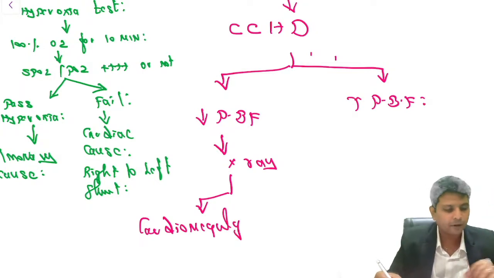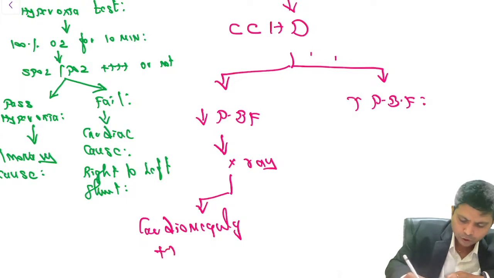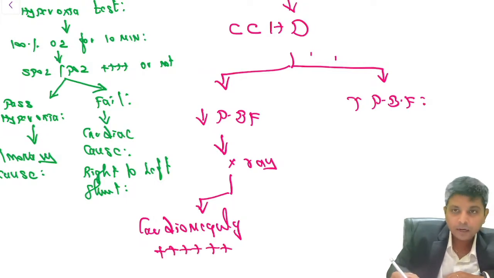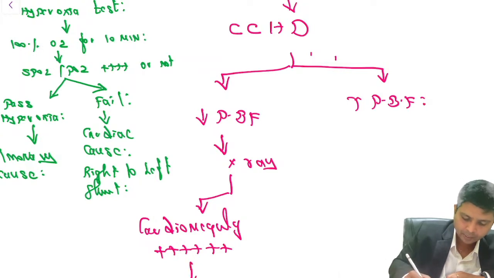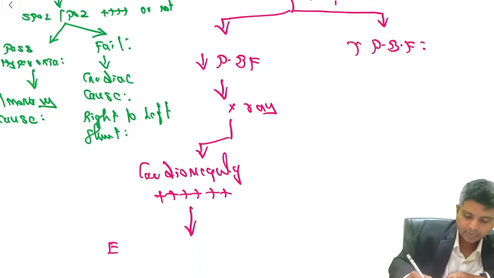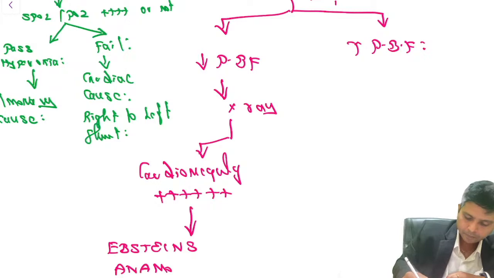I repeat, my dear boys and girls, it's a huge cardiomegaly. The only congenital cyanotic heart disease with a huge cardiomegaly is Epstein's anomaly.